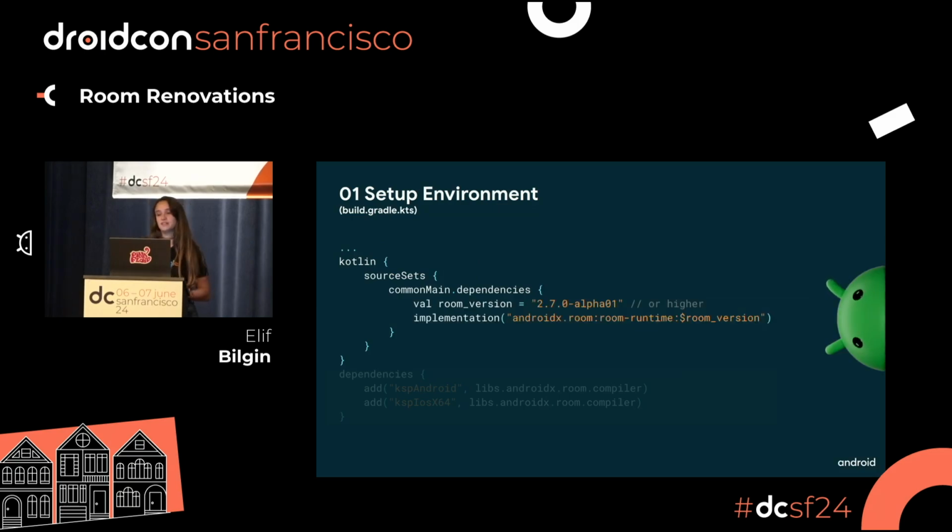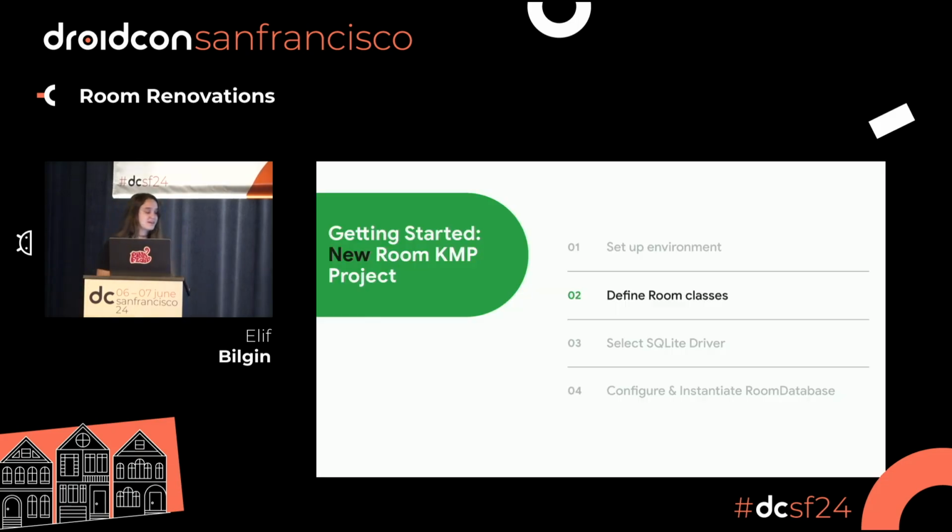That means adding the runtime part of the Room library to your common source set. Again, note the version 2.7.0-alpha01 or higher for KMP. And lastly, you'll need to set up the AndroidX Room compiler, so the KSP processor that generates code. That'll be enough to get you environmentally set up.